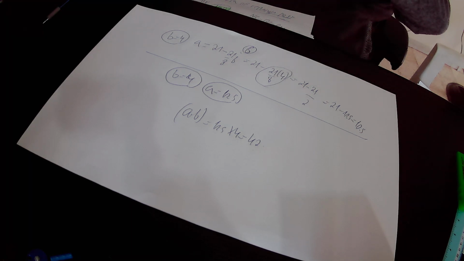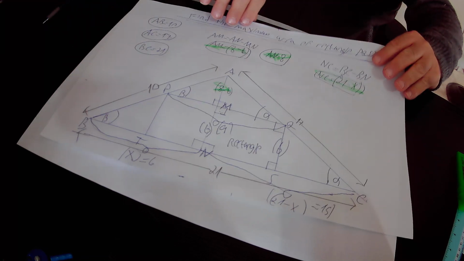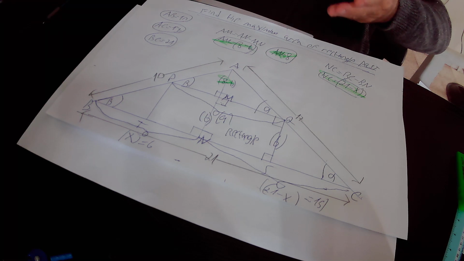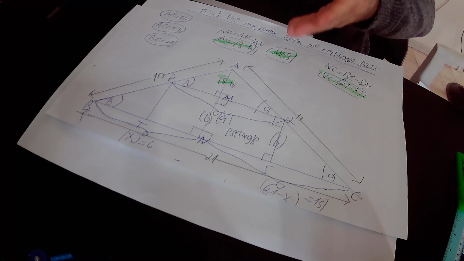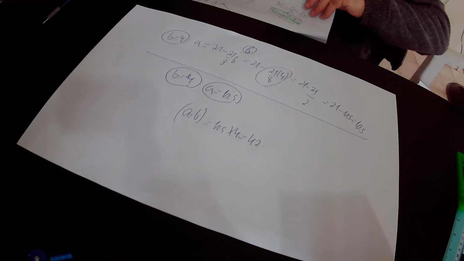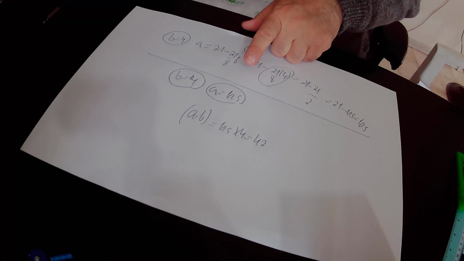So when the area of this rectangle PQST equals 42 square units, that is the maximum area of this rectangle, then the width b is 4 and the length a is 10.5.